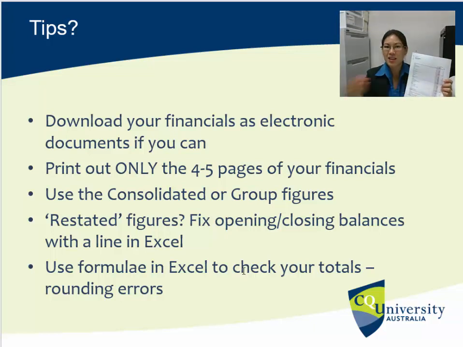Due to the rounding of such large numbers, sometimes they'll be out by 1 or 2. And when you put a formula in Excel, it is slightly out to a total. That's fine. Don't worry about correcting it for 1 or 2. That's just a rounding error. You can write about that in your Word document. Say, I used a formula to check my totals and I was out by 1 or 2, and that's due to rounding, so I'm not worried about that.